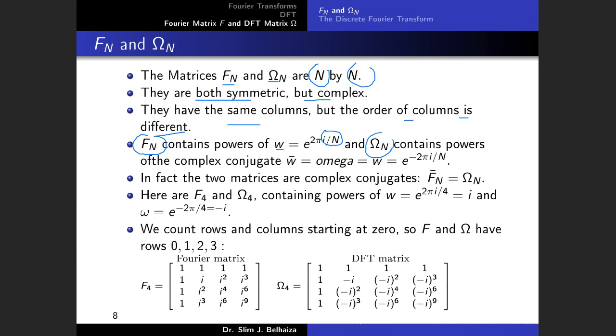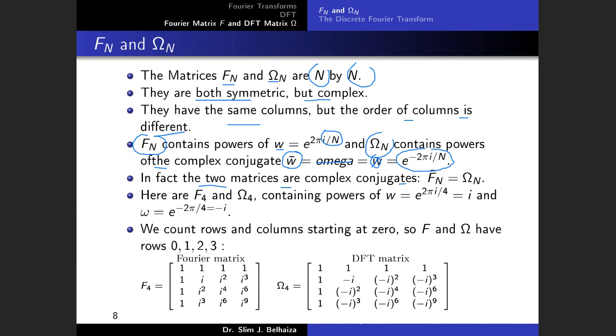And omega n contains powers of the complex conjugate, W bar, which is e to the power minus 2 pi i over n. So these two are conjugates of one another. In fact, the two matrices are complex conjugates.